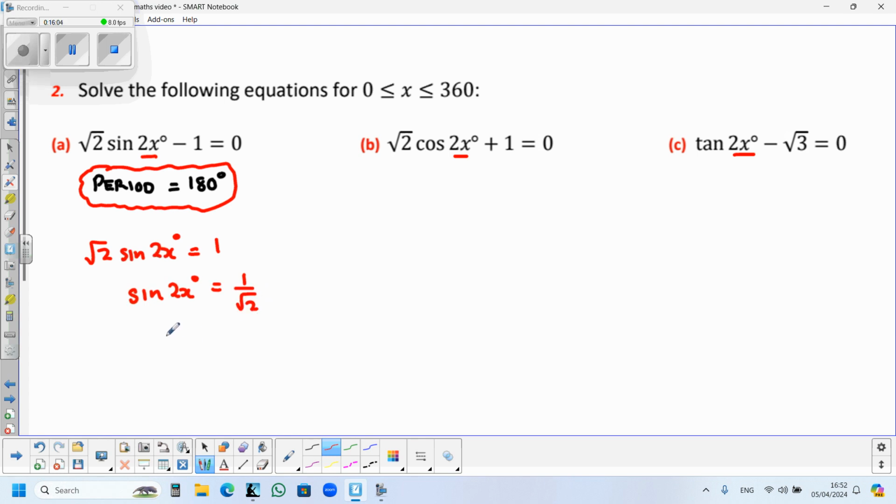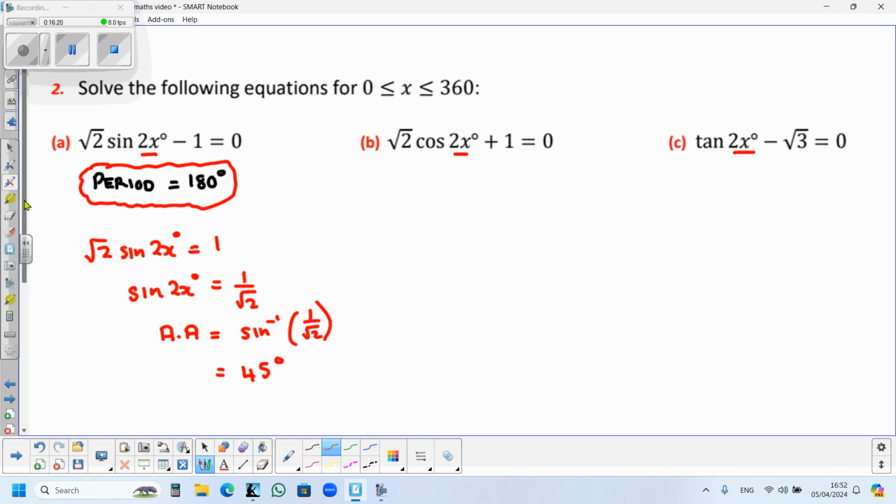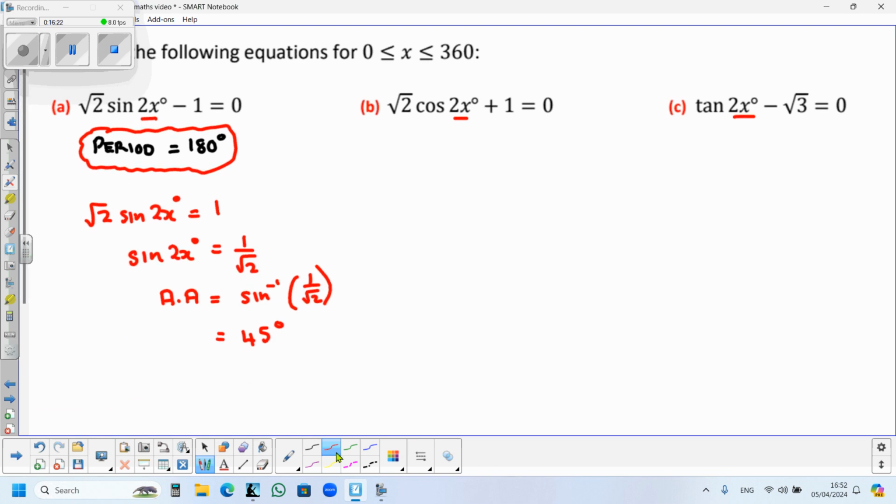Now, we do the same as what we did before. We forget that it's 2x, and we say the acute angle is equal to sine to the minus 1 of 1 over root 2. Now, we know from our exact values that that is 45 degrees. Now, sine was positive, so we always put a wee cloud around this bit.